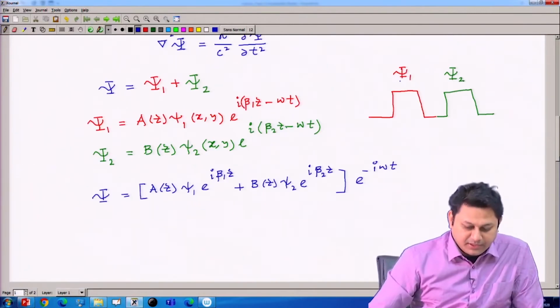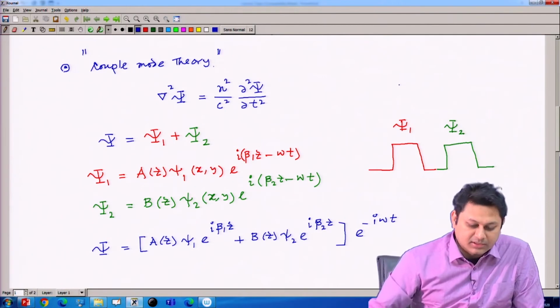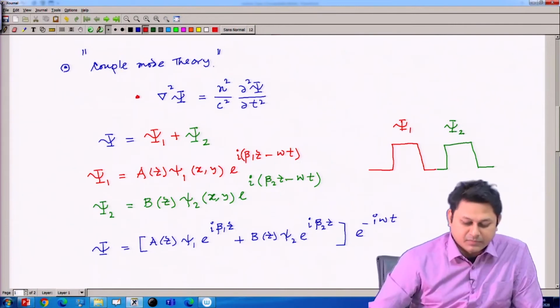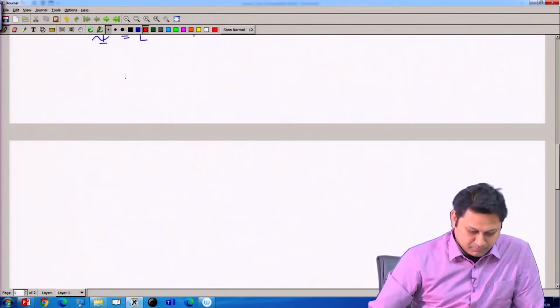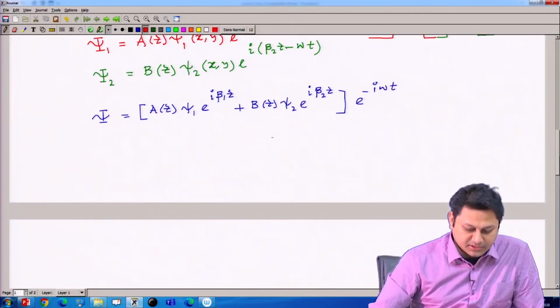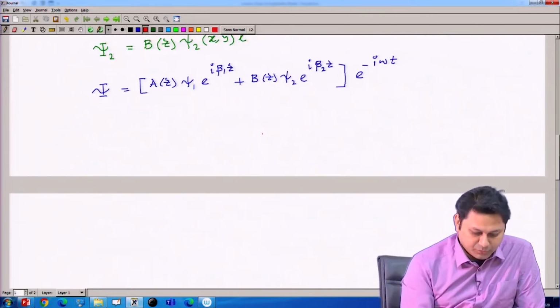Now, this total field is going to satisfy this equation, Maxwell's wave equation. So, if I put this into Maxwell's equation, I can have a few terms.